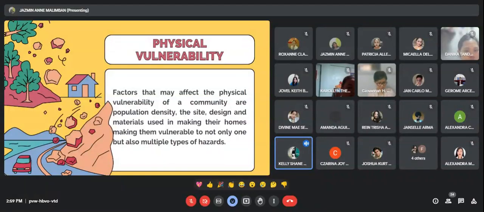So here, dun sa mismong building or dun sa mismong bahay po nila is naging vulnerable sila sa mga accidents because hindi maayos yung pagkakagawa ng bahay nila, na ginagawang vulnerable sila into accidents. So next slide.